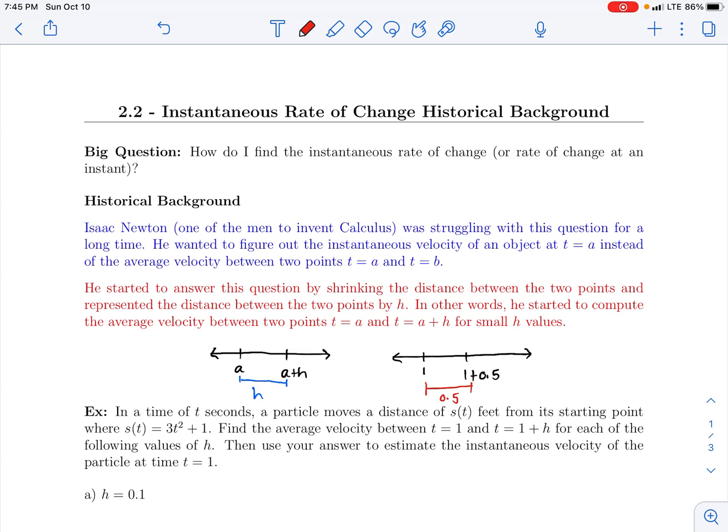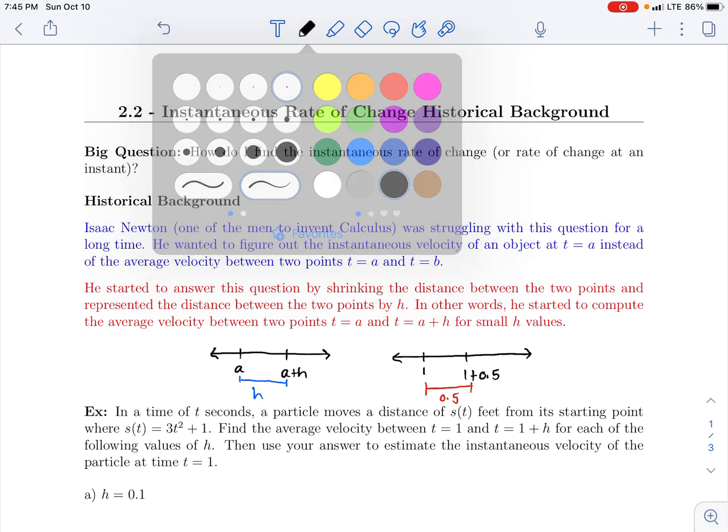I know this is super abstract when we're talking about a and then a plus h, and that distance is h, but hopefully when I gave you actual numbers like 1 and 1.5, you saw that I could represent 1.5 as 1 plus 0.5, and just say that the distance between those 2 points on the number line is 1/2, or 0.5.